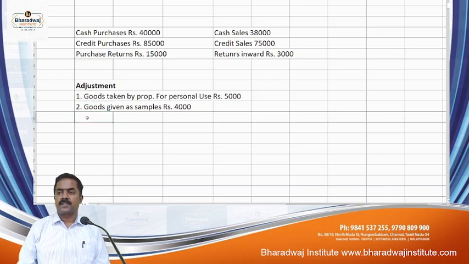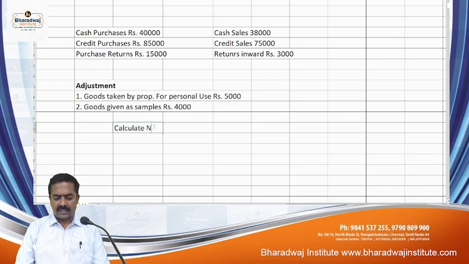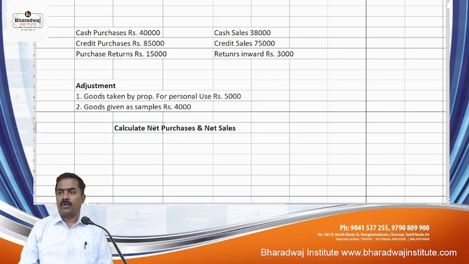Number 2, goods given as samples, 4,000. The question will be: calculate net purchases and net sales.